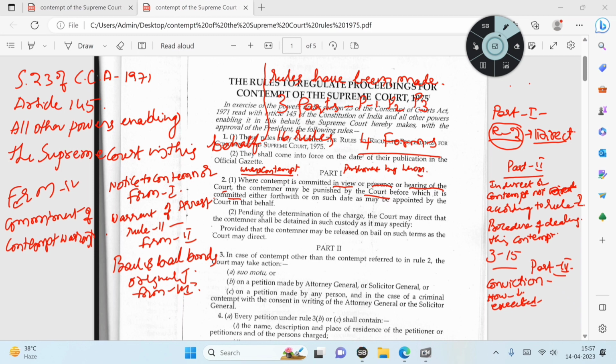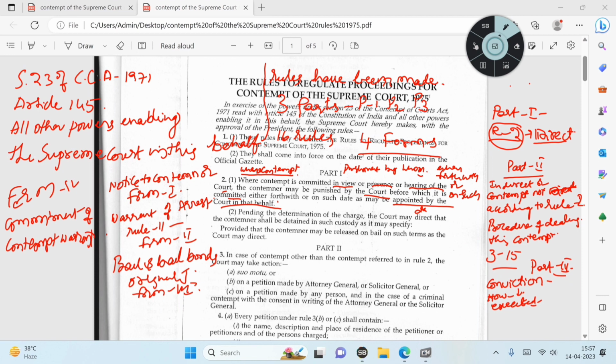By the court before which it is committed. Next question, when? Forthwith, or on such a date as may be appointed by the court in that behalf. So, where, when, by whom, all answered here.